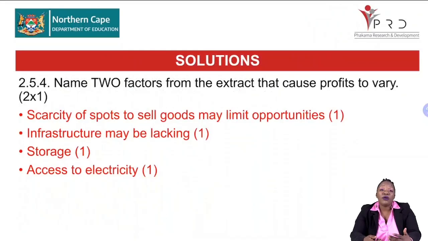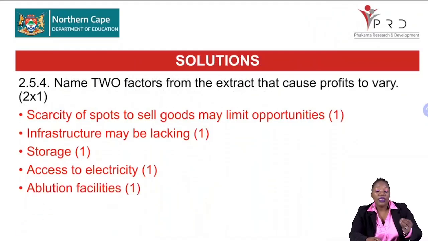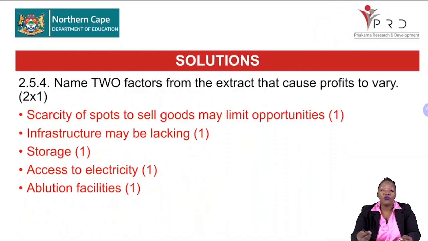So if there is no electricity, they can't use electricity to cook, which means they need to buy gas, or they need to make any alternative for them to have that food ready. And also, we're looking at the ablution facilities. When we're talking about the ablution, we're talking about the restrooms. You'll understand some of the people want to eat where they will be able to have a restroom nearby.